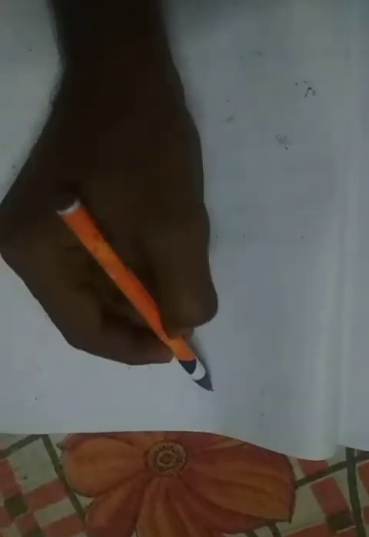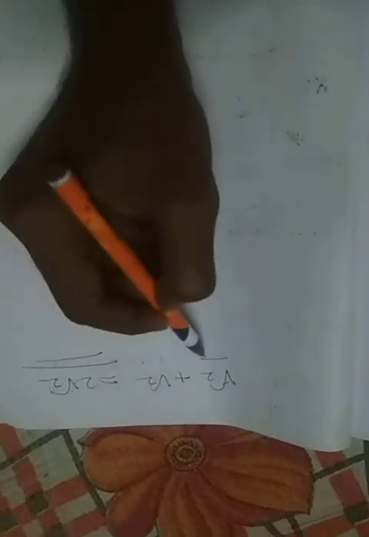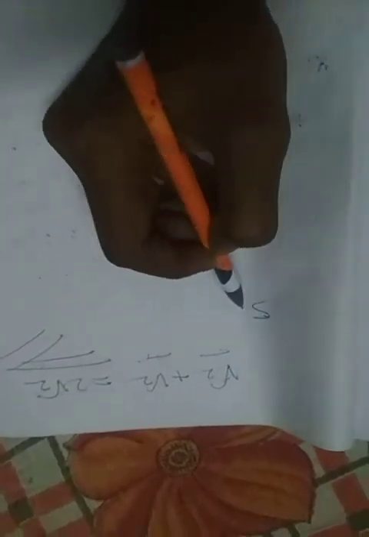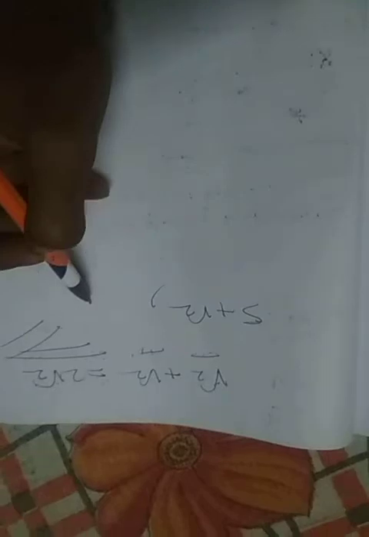You have to write. Like there is some property, the sum of two irrational numbers may not be an irrational number. Like root 2 plus root 2, the result is 2 root 2. If you are adding two irrational numbers, the result may be an irrational number, but sometimes the result may be a rational number also. Like here 5 plus root 2 and 3 minus root 2 are both irrational numbers.